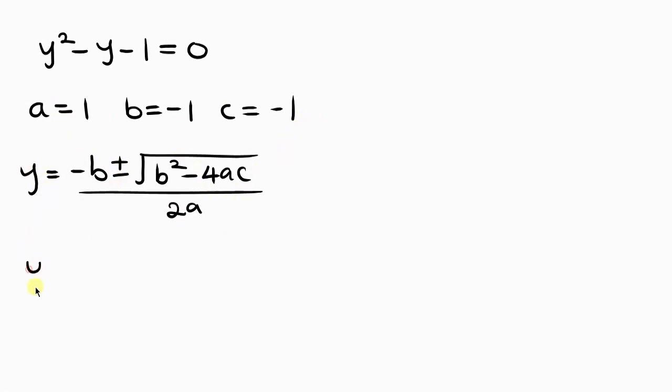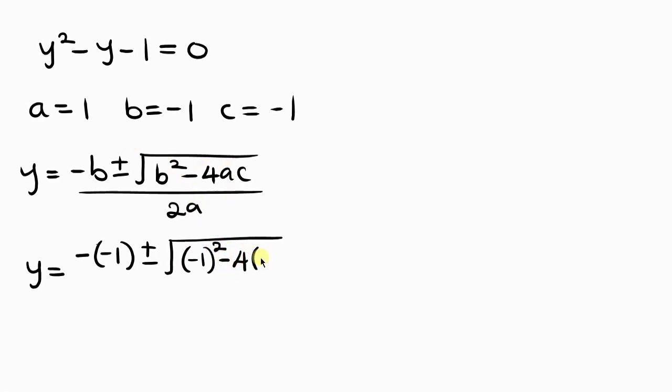So we have y to be negative b, b is negative 1, plus or minus the square root of b squared, b is negative 1, so that's negative 1 squared, minus 4 times a is 1, times c is negative 1. Very good. All over 2 times a, so 2 times 1.